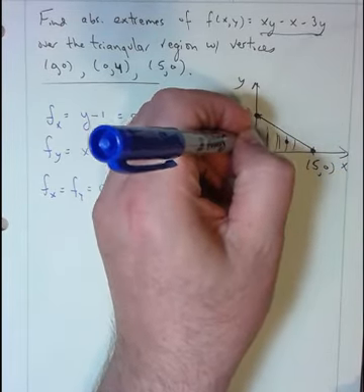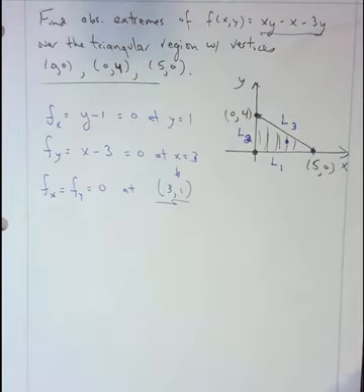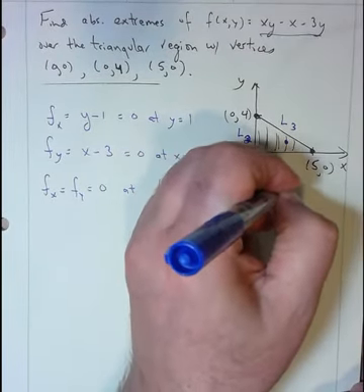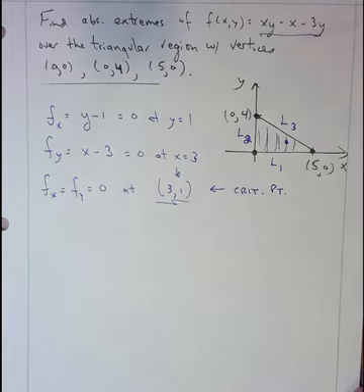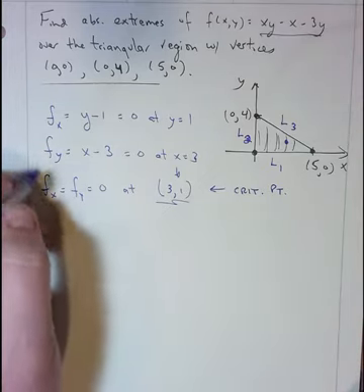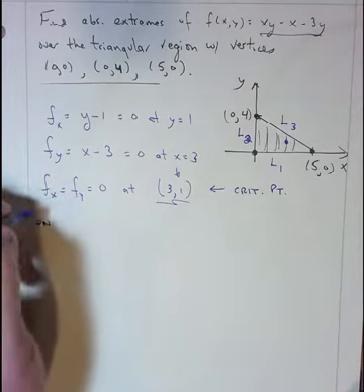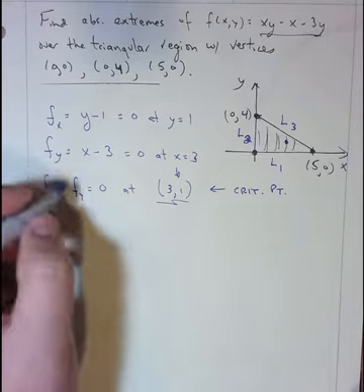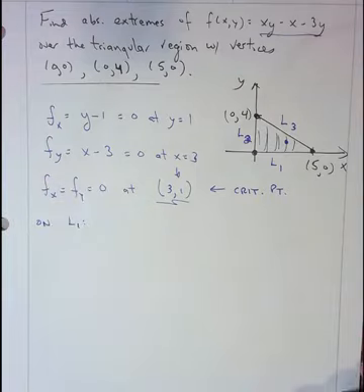The edges happen to be straight lines, so I'm just going to call these edges L1, L2, and L3. So there we found a critical point as a candidate for where our absolute extreme might be. Now we're going to look and find if there are any other candidates along one of the edges.